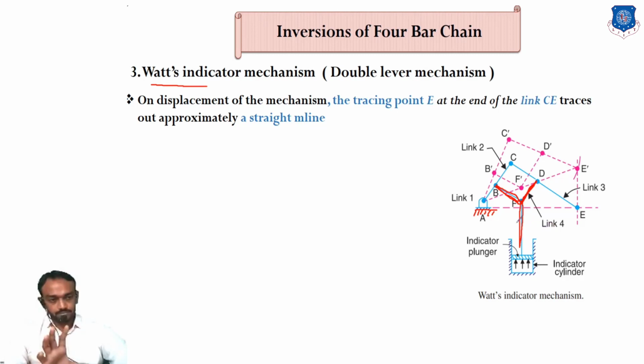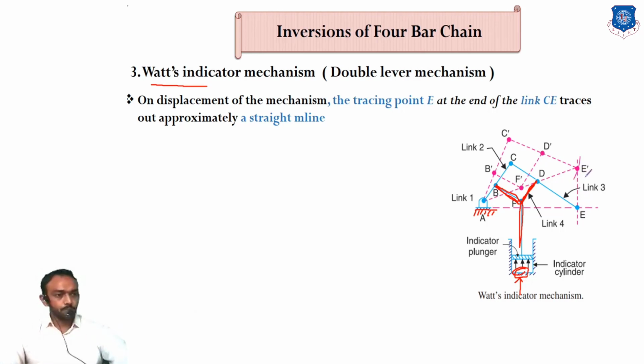There is no crank, because a crank is a rotating element, and here all elements are oscillating. You can see the E point: when the steam pressure increases from the bottom, the steam forces the piston upward, and the E point displaces from E to E dash.